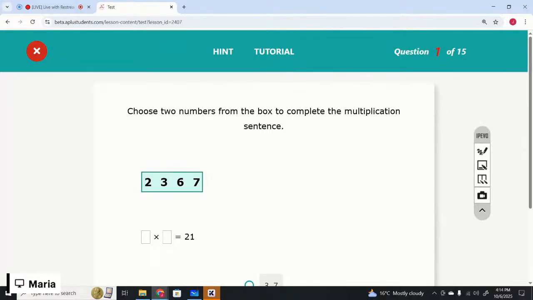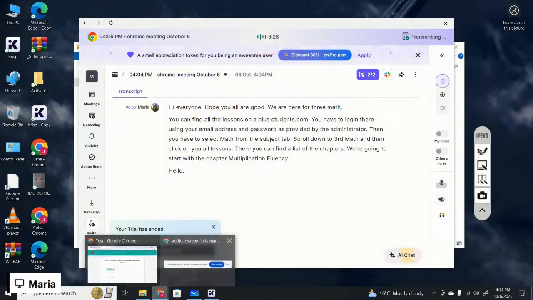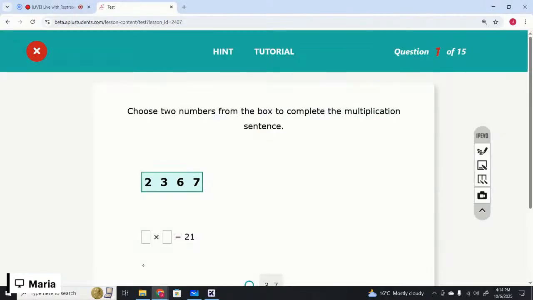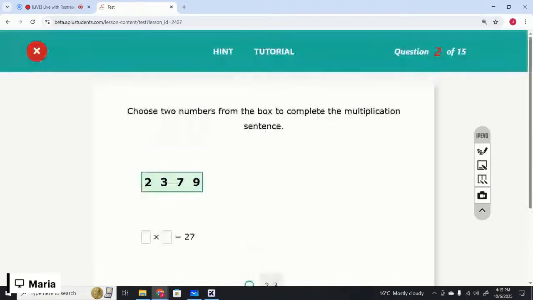Which two numbers have the product 21? That is 3 times 7 equals 21. The correct option is 3 and 7. Option number 1 is the correct option.